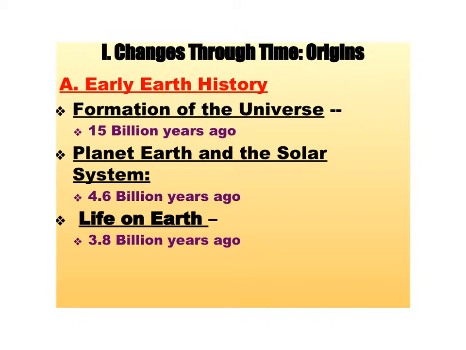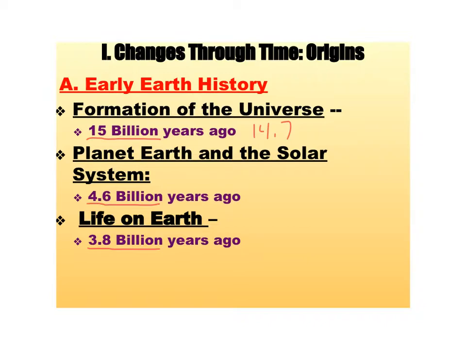So first, a little history on the universe, the Earth, and our solar system. The universe is roughly 15 billion, closer to 14.7 billion years old. Our solar system is young compared to the universe. It's only about 4.6, 4.7 billion years old, the Earth and the solar system. And life on Earth started about 3.8 billion years ago.